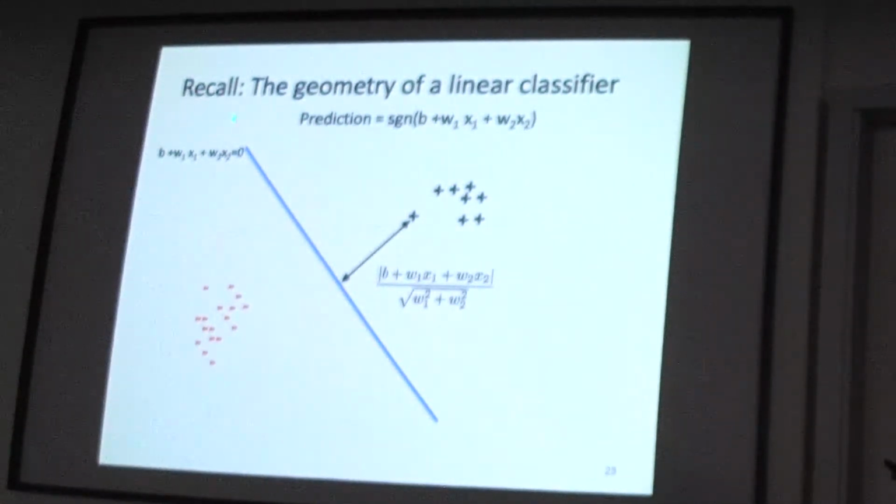And the classification boundary, or sometimes it's referred to as a hyperplane, is represented by an equation, right? The equation is simply the decision function being 0.